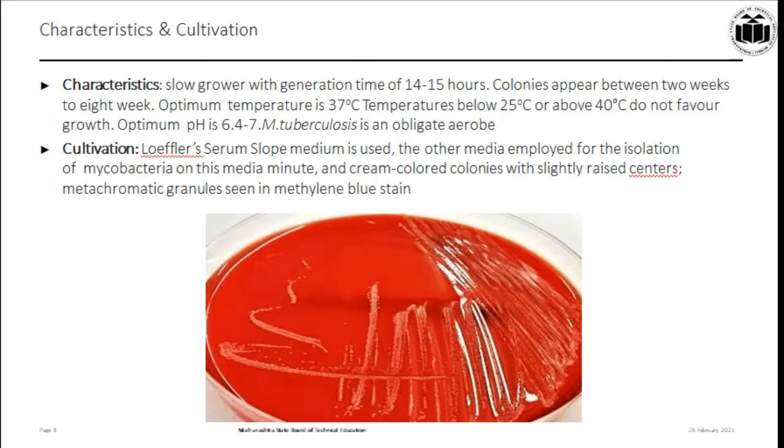When we look over the characteristics of Mycobacterium, you will see that this bacteria grows very slowly on the media. It requires 14 to 15 hours for generation time, and the optimum temperature required for growth is 25 degrees Celsius.